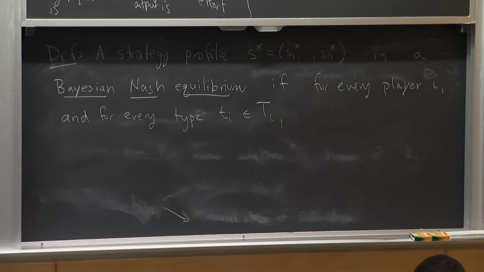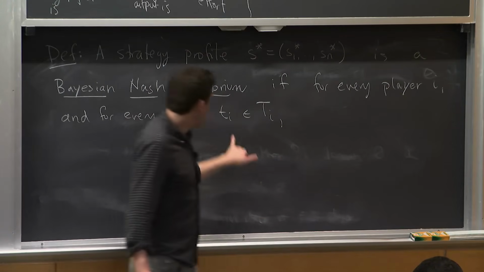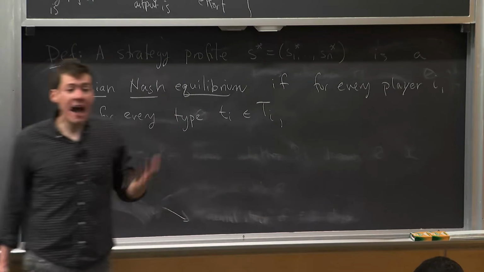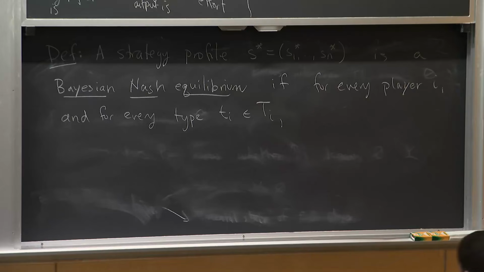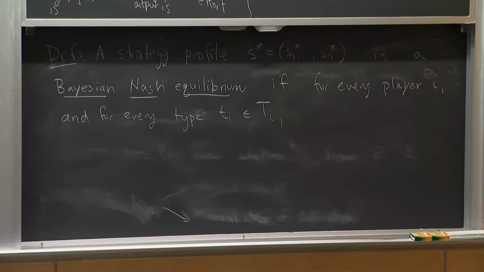Let's understand in words what we want to write here. We want to capture that when player i has mental state ti, the action they're choosing is optimal given their beliefs. Because we require that for every player i and every type ti, that captures what we want.